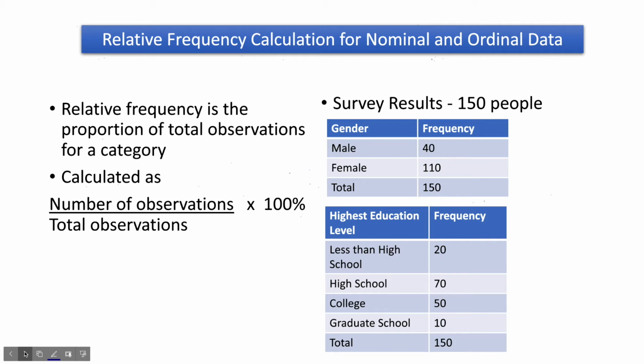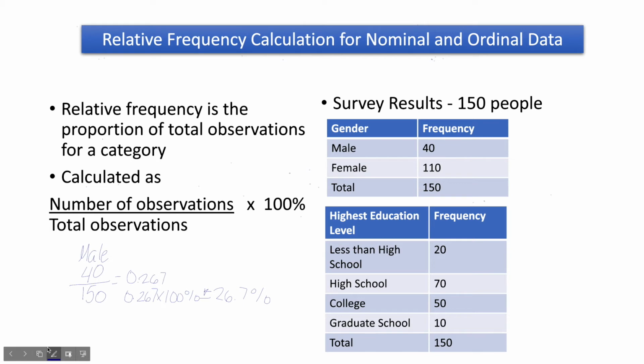So for example, if we first look at male, we see that we have 40 males divided by the total observations, which is 150 people. That gives us 0.267. Now we take this 0.267, we multiply it by 100%, and we get 26.7%.